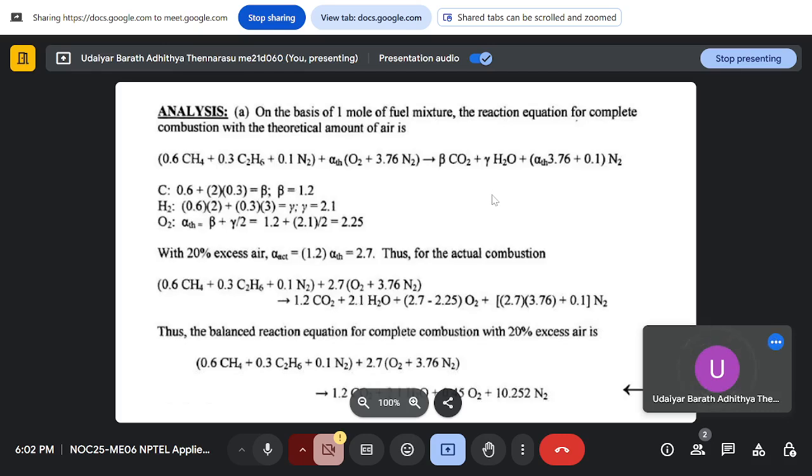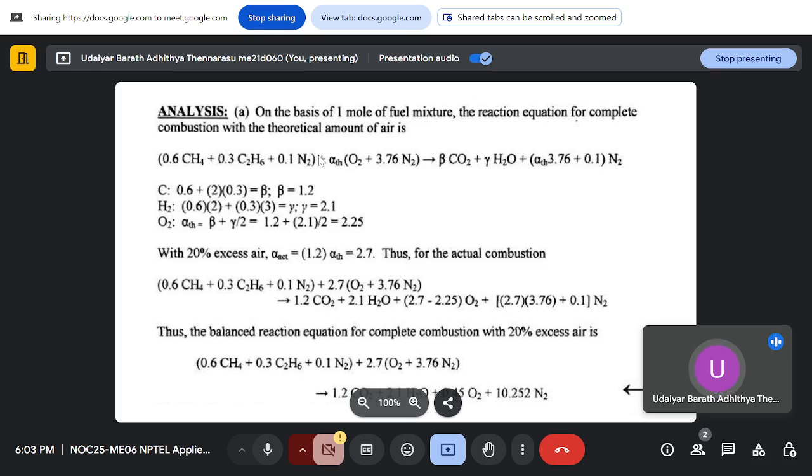So we consider per mole of fuel mixture, because we know in moles how much of the inlet fuel there is. As I already said, considering 1 mole, we have 0.6 moles of methane, 0.3 of ethane and 0.1 of nitrogen. For a complete combustion with a theoretical amount of air, we write an equation like this: fuel plus air.